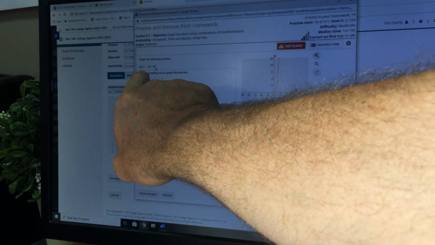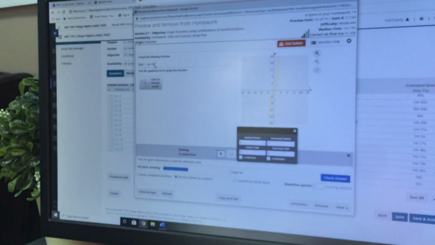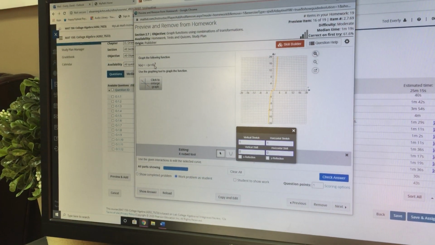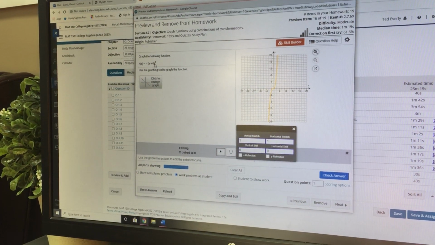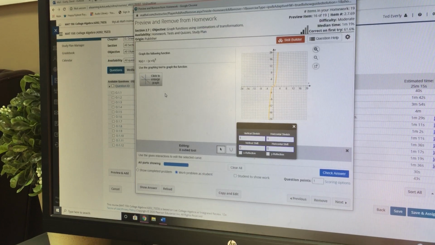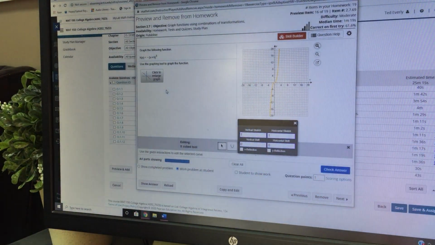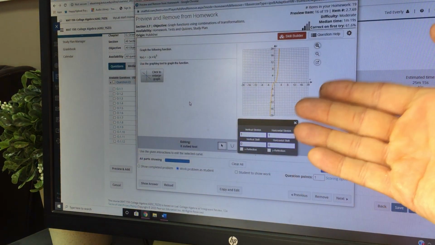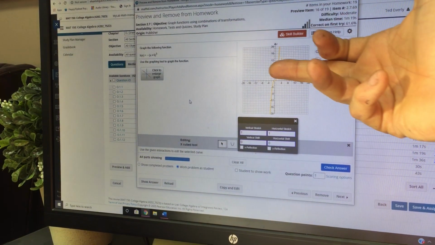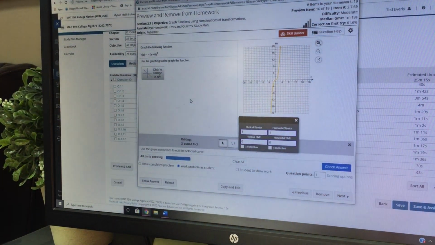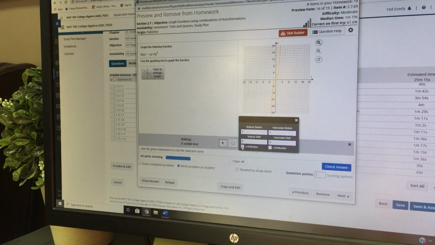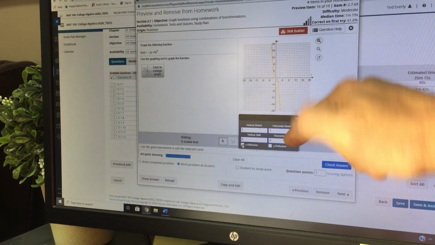Those are multipliers, but now we do have this minus out front, which is a reflection. Okay, so this is a y reflection because it's reflecting over the x-axis. I think that's right now. No, hold on. It's reflecting over the x-axis, which would be an x reflection. It reflects over the x-axis. Okay, so you can see how it reflected.